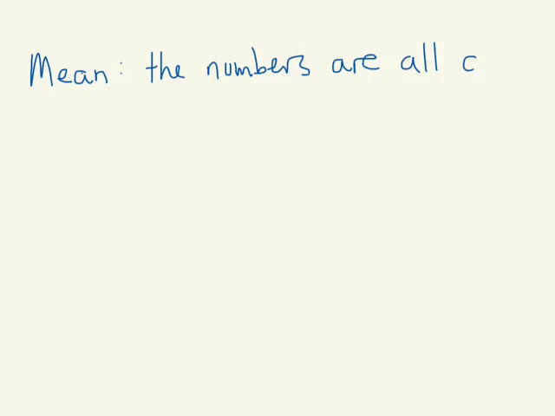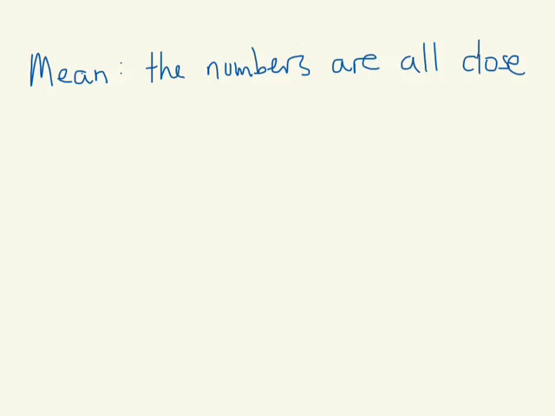The last thing we need to talk about is determining which measure of central tendency is most effective for certain things. So we'll go through the three measures of central tendency again, and give hints on when it is best to use each. A mean would be best to use when the numbers are all pretty close together.